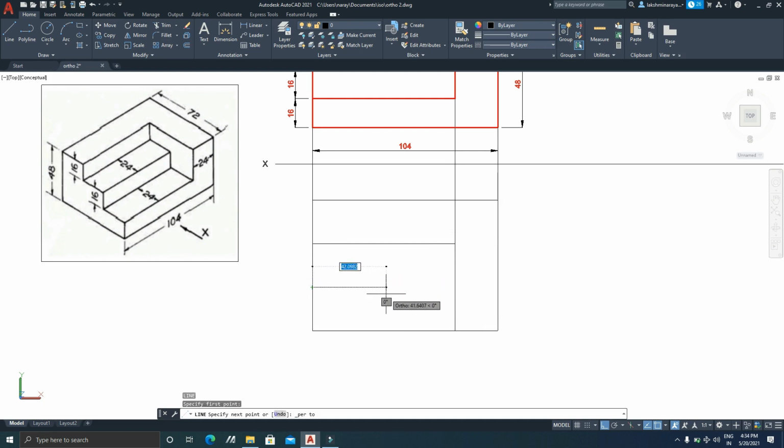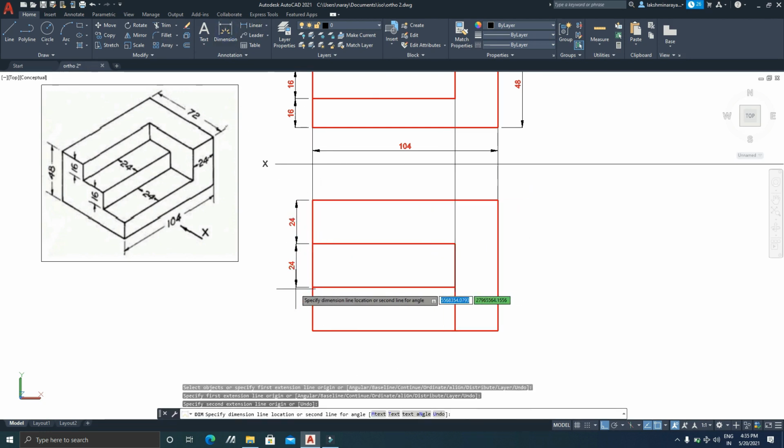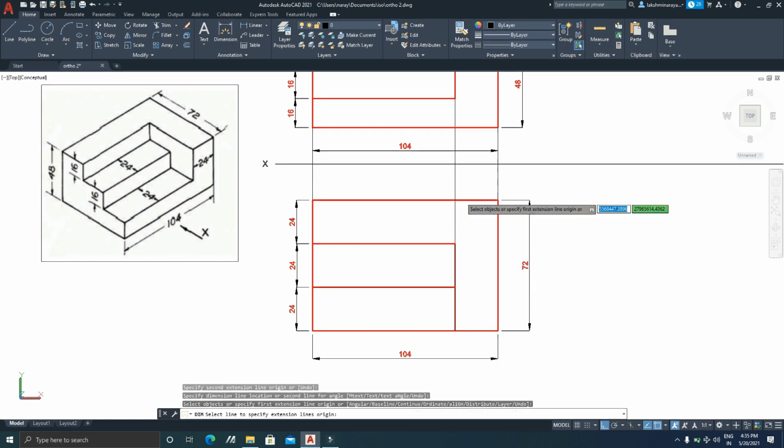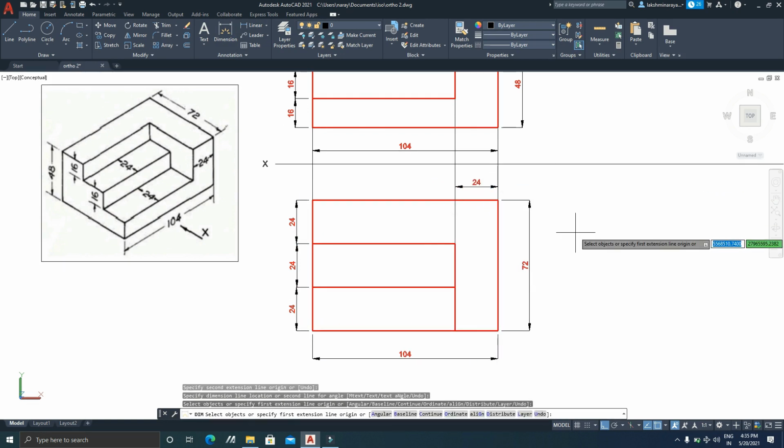From that, draw a horizontal line such that it is perpendicular to this projector. So we are able to see this rectangle and this L shape. Let's highlight that. Let's check the dimensions. So this is the top view.